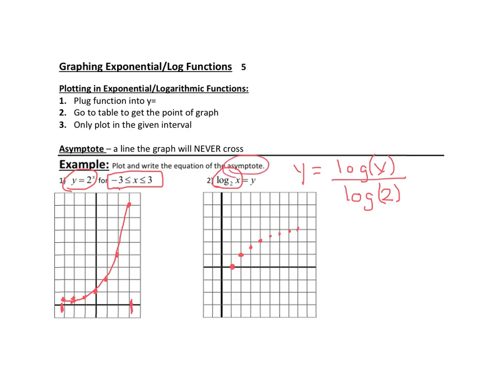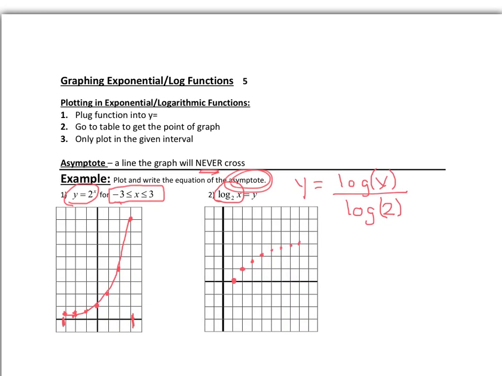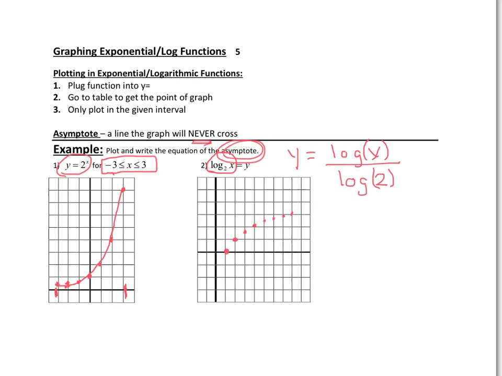This word asymptote is a line that the graph will never cross. For log equations, that line is usually the y-axis, which is x is equal to 0.